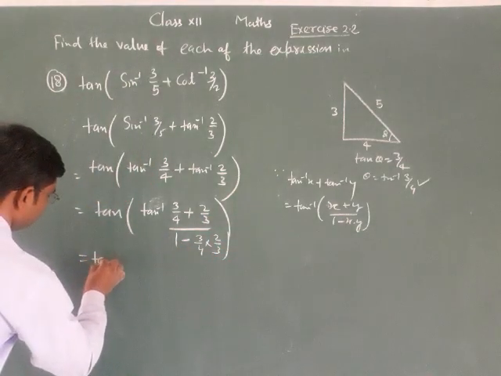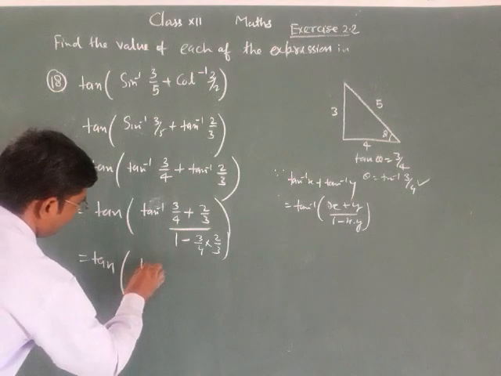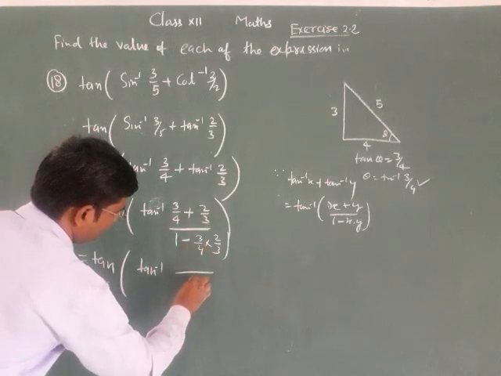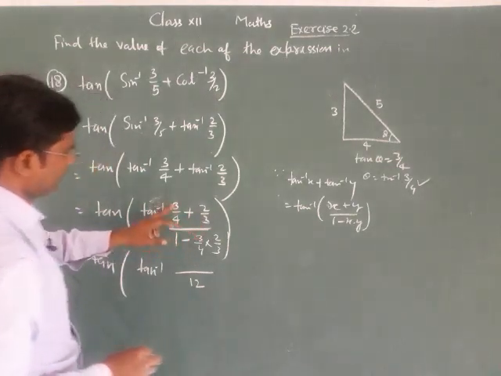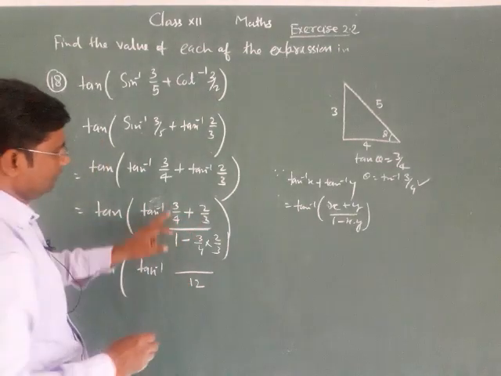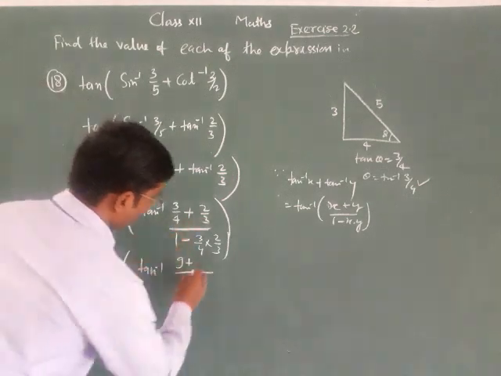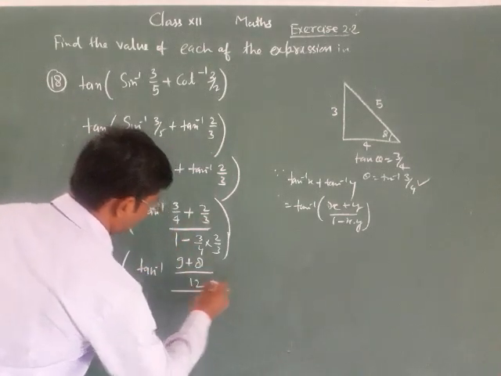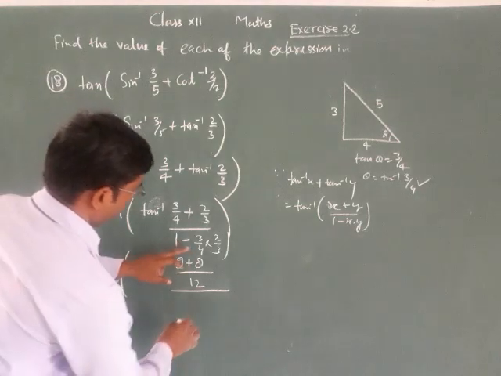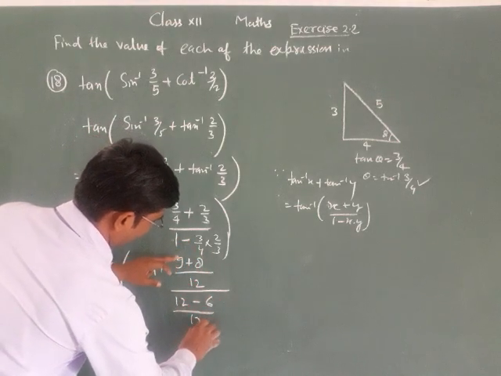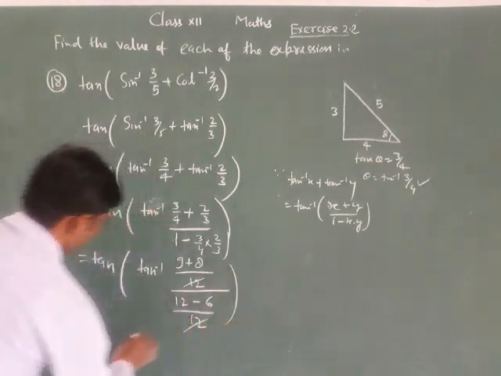So tan inverse, 4 3s are 12, taking LCM, 3 3s are 9 plus 4 2s are 8, and also write 4 3s are 12 minus 6 upon 12, cancel out.